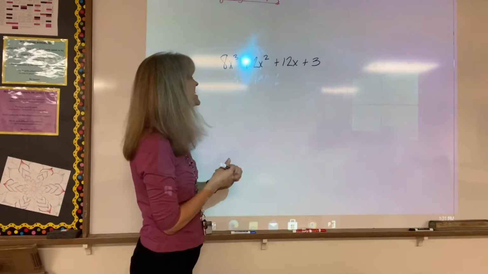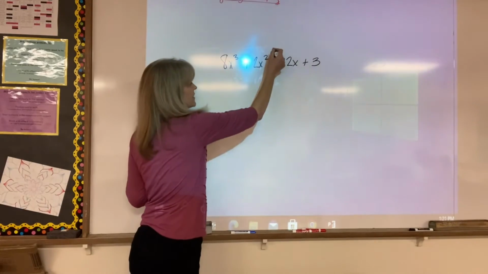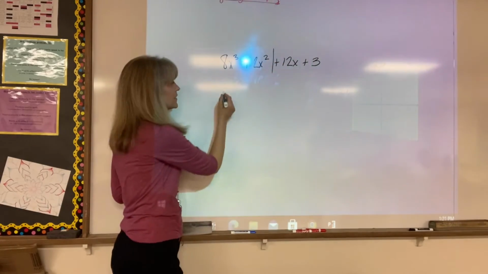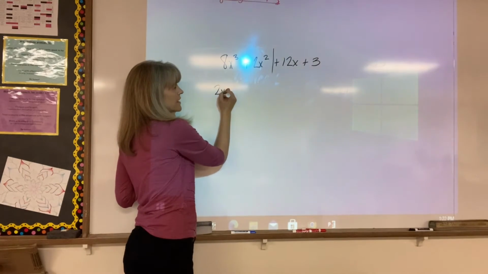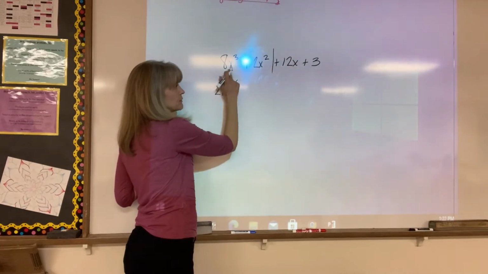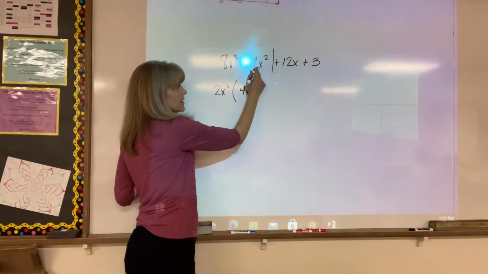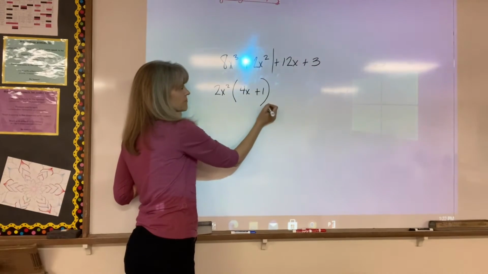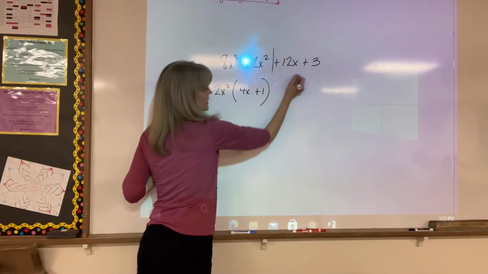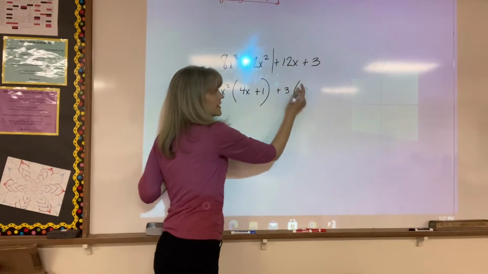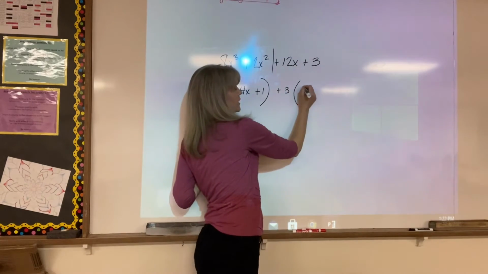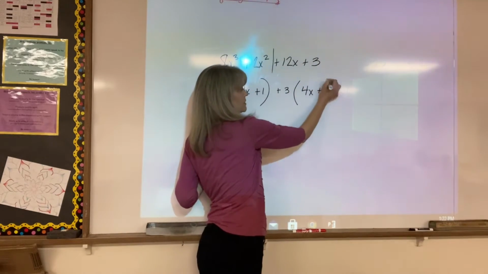I'm going to do it up here, even though you all got it, for the sake of the people on the video. So the greatest common factor was 2x squared, which left me with 4x plus 1. Here, I could take out a positive 3, and that left me with 4x plus 1.